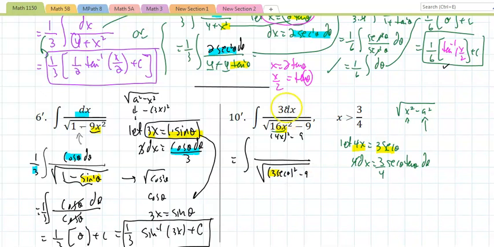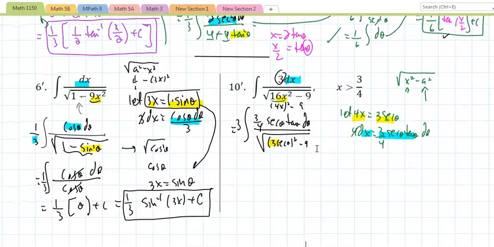And this 3 I'm going to drag up front, and do you notice what dx equals? That's going to be an extra 3/4 the secant of theta tan of theta d theta. So I went from x to theta. This is 9/4 the integral of secant of theta tan of theta d theta.